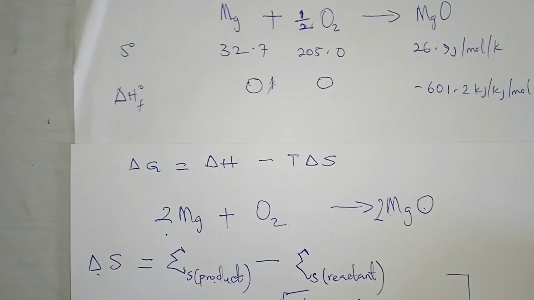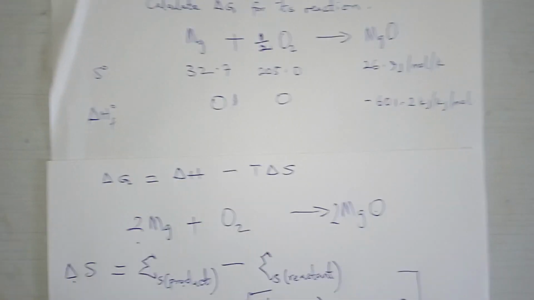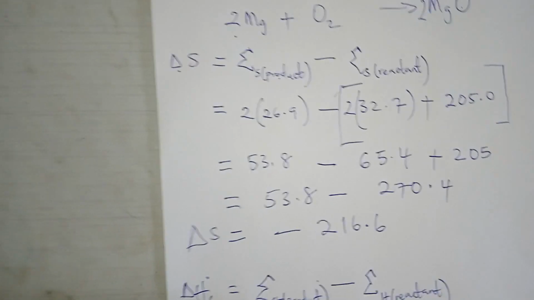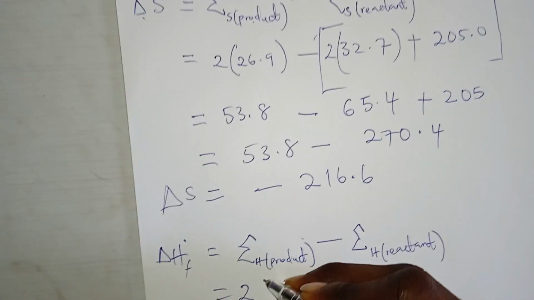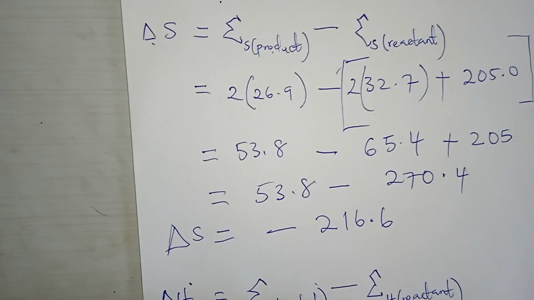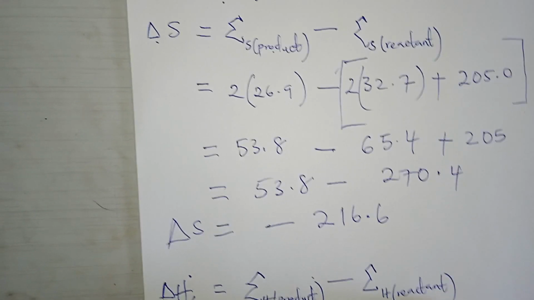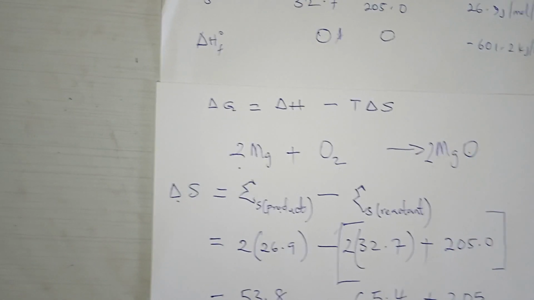And notice that when we balance this, magnesium already has 2. So for the product part, it will be 2 times 601.2 minus 0 plus 0. In fact, making it correspond, 2 into 0.